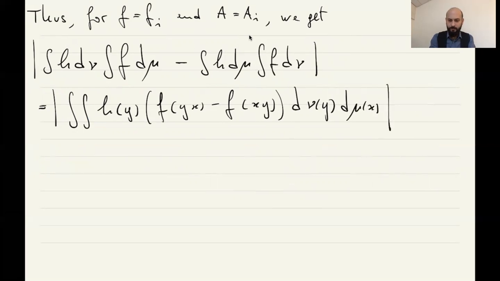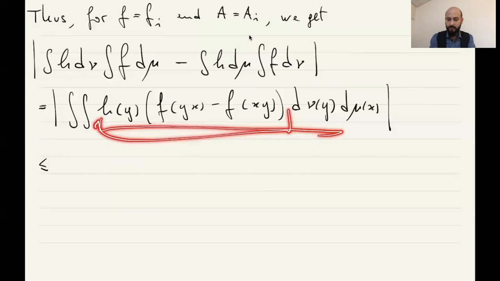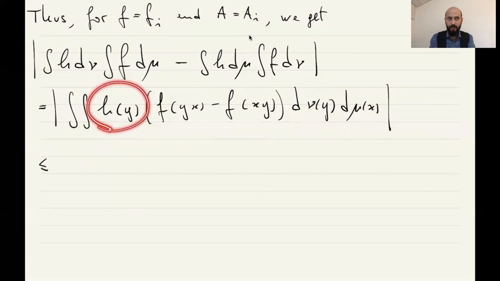Okay, so now this product here is 0 outside the support of h. So we can just integrate only for y in the support of h.